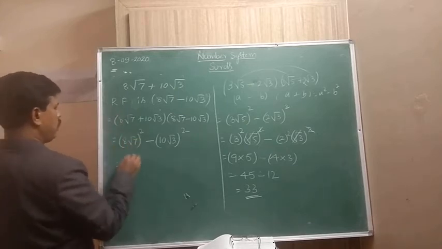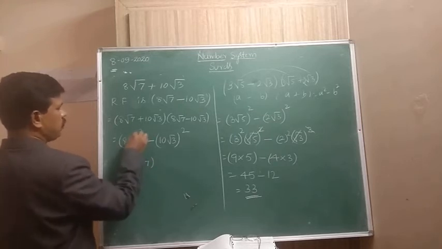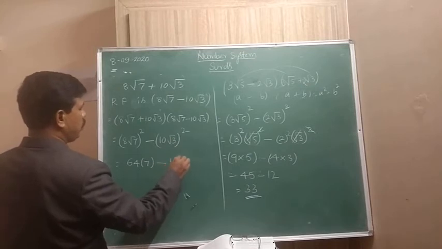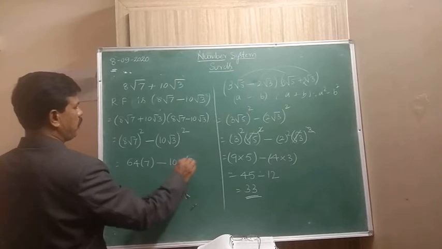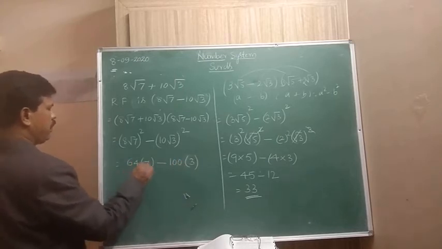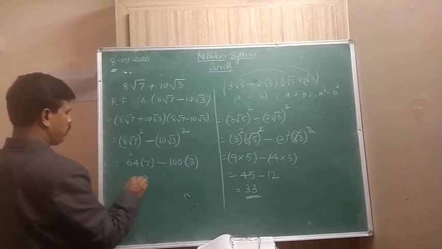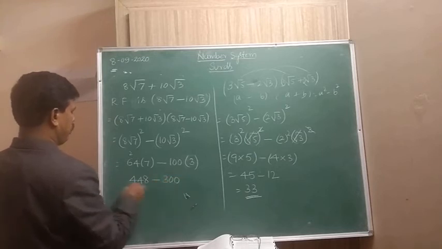Then 8 square is 64 into 7. Square and square get cancelled. 10 square is 100 and root 3, sorry, the root cancels, you get 3 only. Now 7 fours are 28, 7 sixes are 42 plus 2 is 44, minus 300.